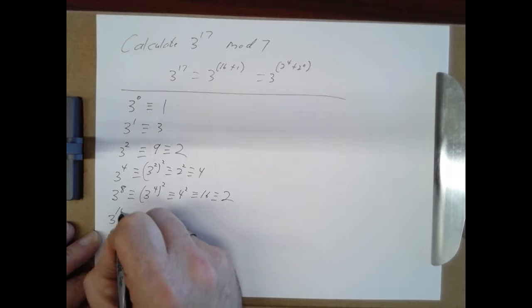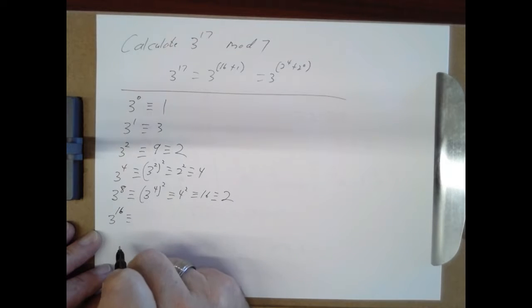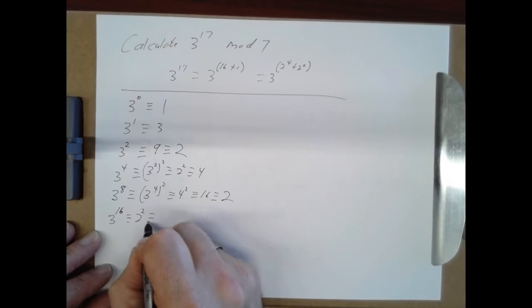And 3 to the 16th will be 2 squared, which is 4.